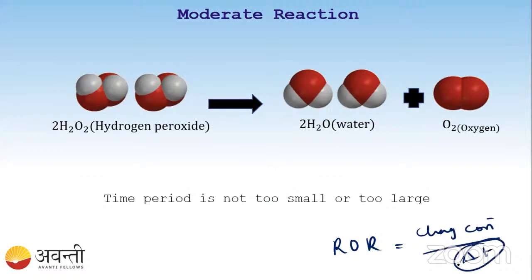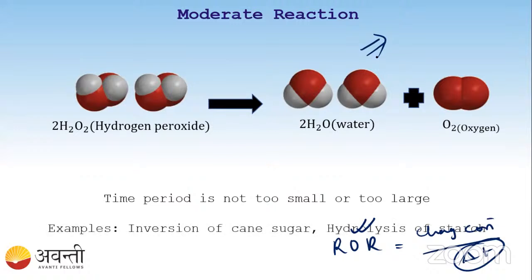So if my delta T is not zero or infinity, I will be finding a rate of reaction, right? So that is what the moderate reaction is all about. For moderate reactions we can find a rate of reaction. We cannot find it for fast reactions as delta T is very high.